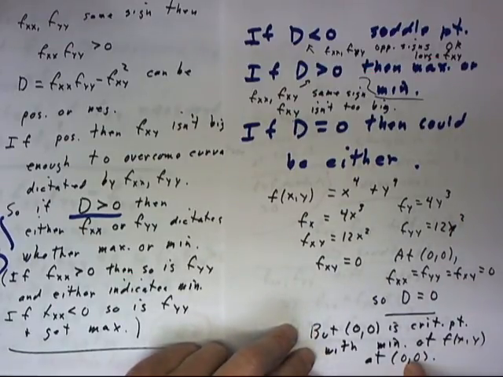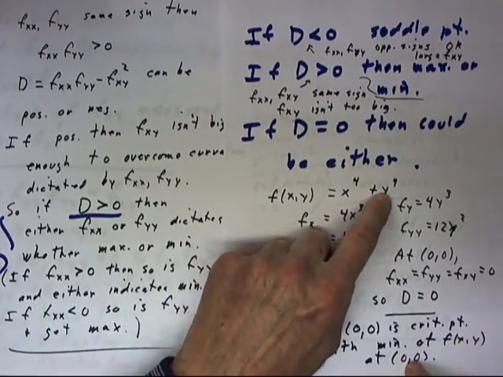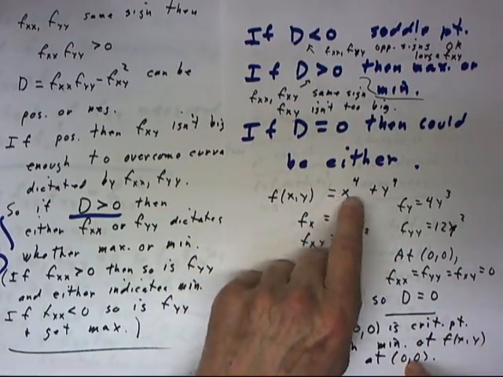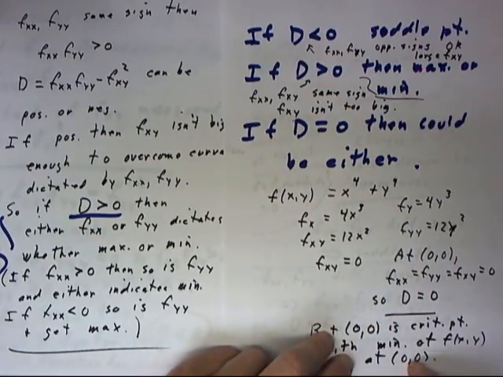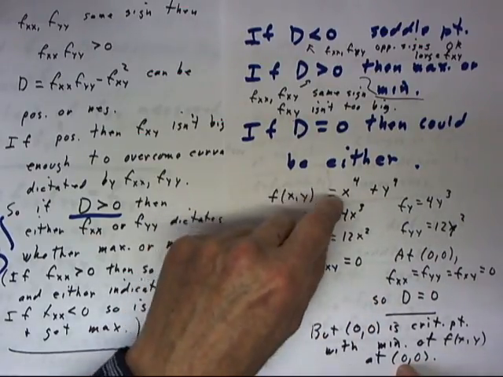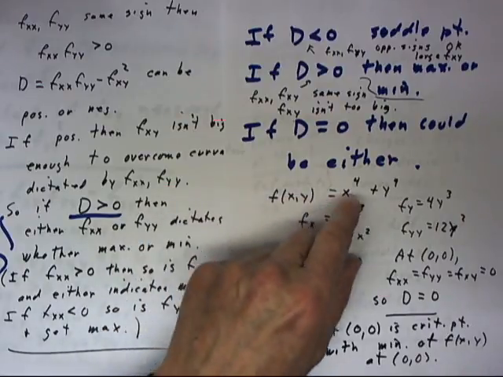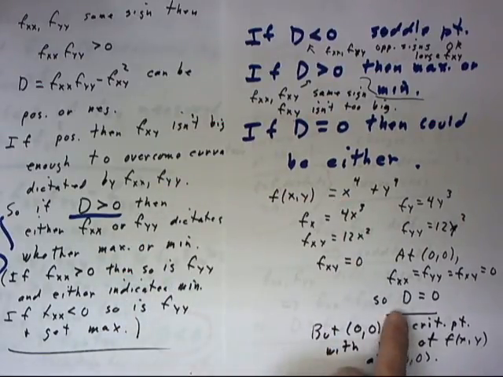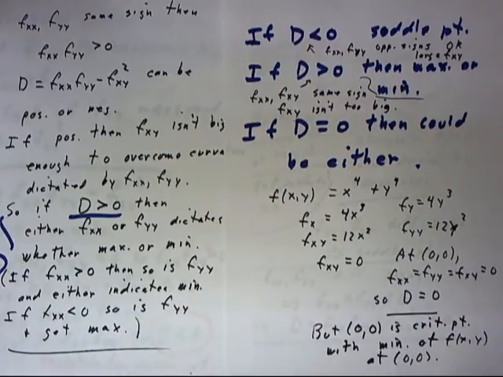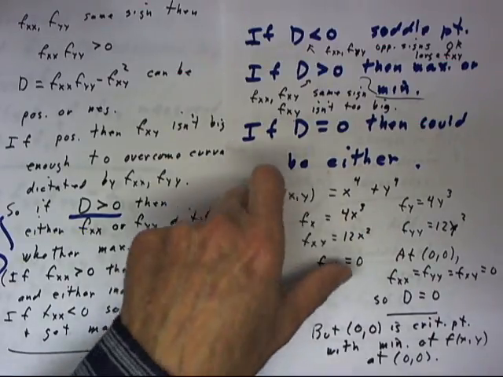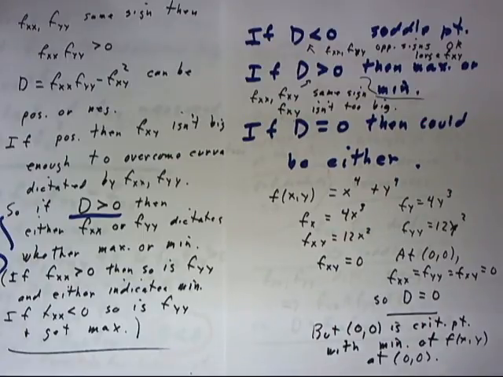Very clearly this is a minimum, x to the fourth plus y to the fourth. If x and y aren't both 0, these are going to both be positive, and at 0, 0 you get 0, so it's very clear that this function does have a minimum even though its discriminant is 0. And we could give an example of a function with a saddle point. We'd have x, y terms, but we're not going to do that now.